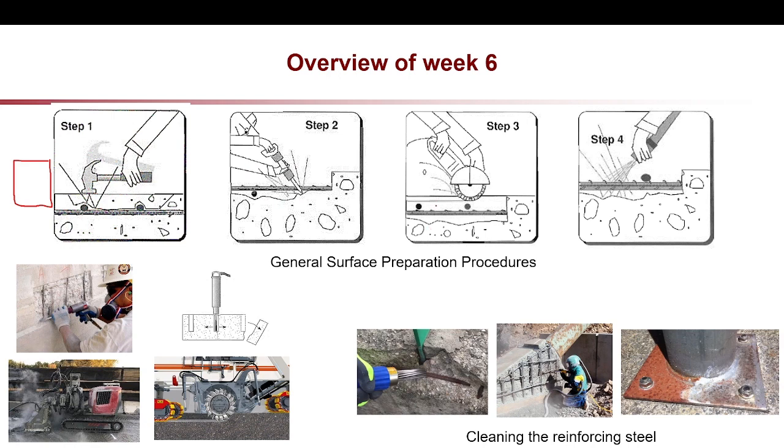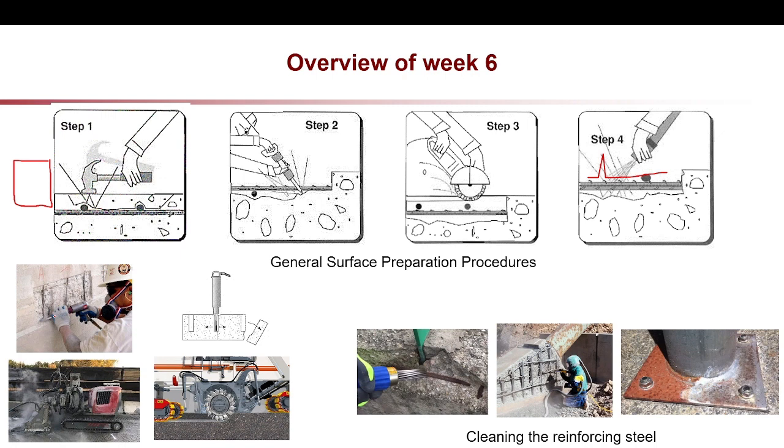In the third step, we are planing the surface, and next is cleaning the concrete, and then cleaning the rebars. We have to make sure our rebars are cleaned before we apply our repair material. These are the different concrete removal methods you might have studied in the lectures.